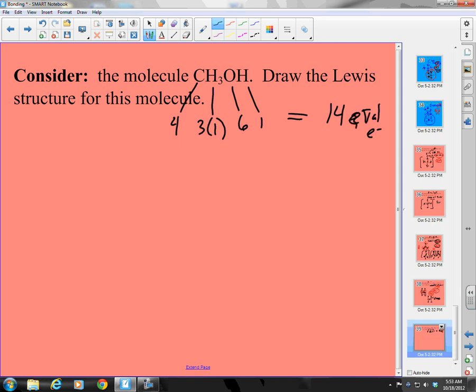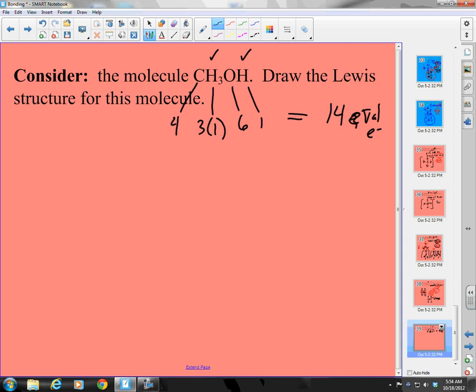Good. Now, choosing the central atom. Wow, we have a whole bunch of things here. Well, first of all, we know it's not hydrogen because hydrogen is never the central atom. And remember, I said sometimes they give us a hint based upon the formula. So what they're telling us here is, look at it. We have 4 hydrogens, but they're not together.